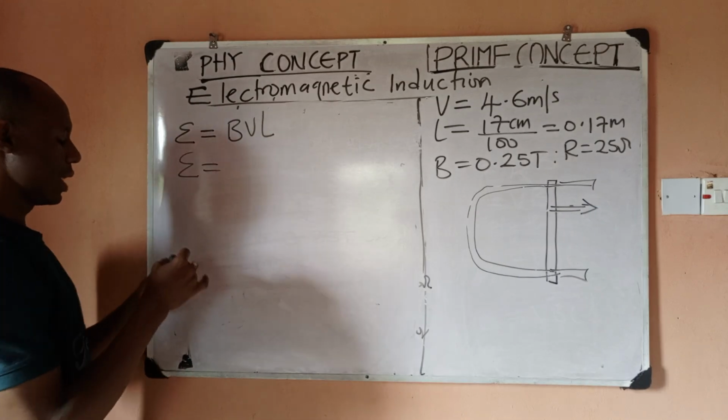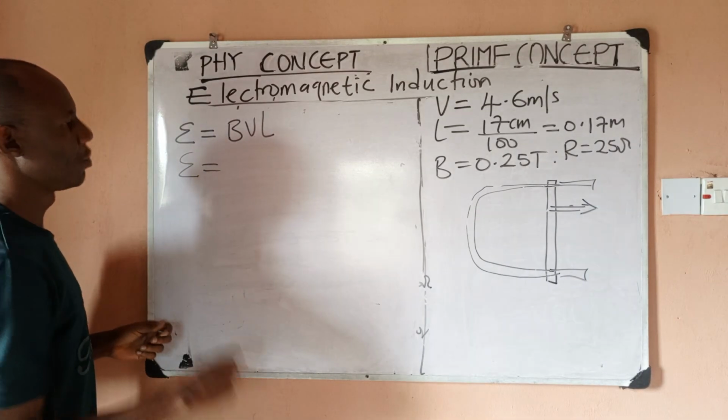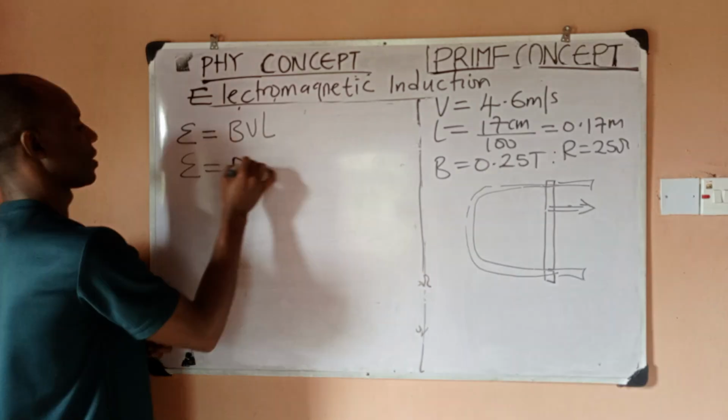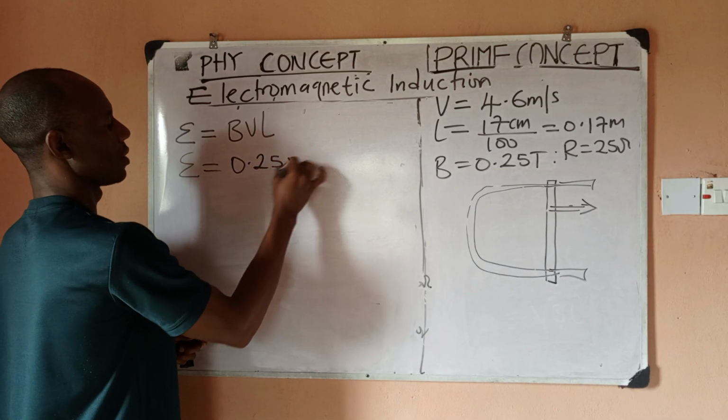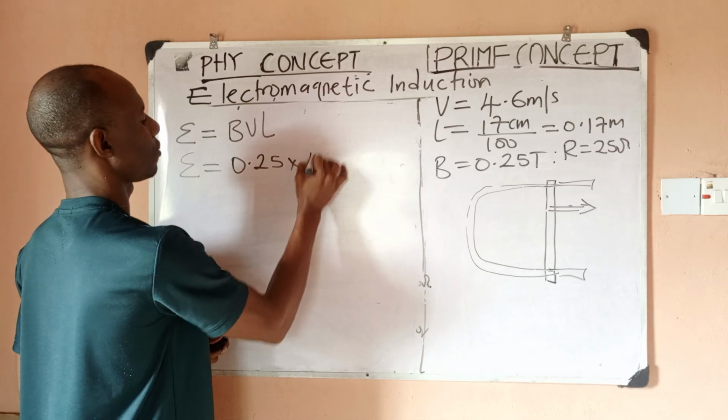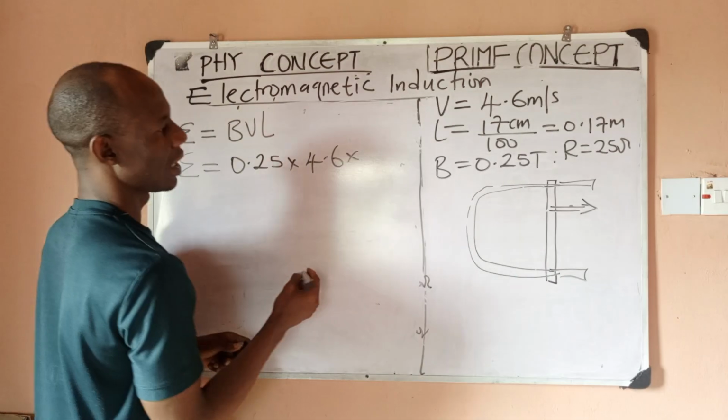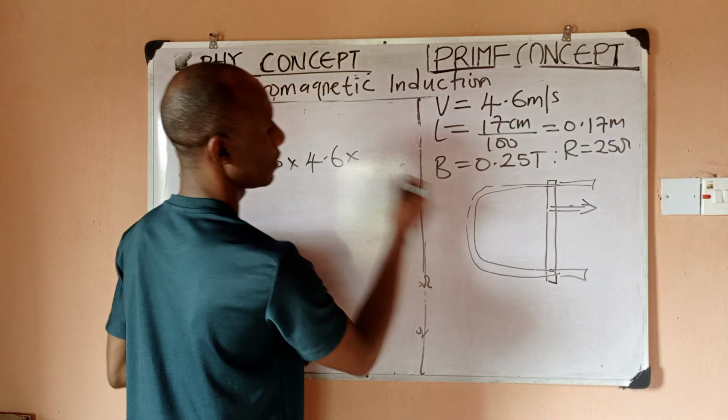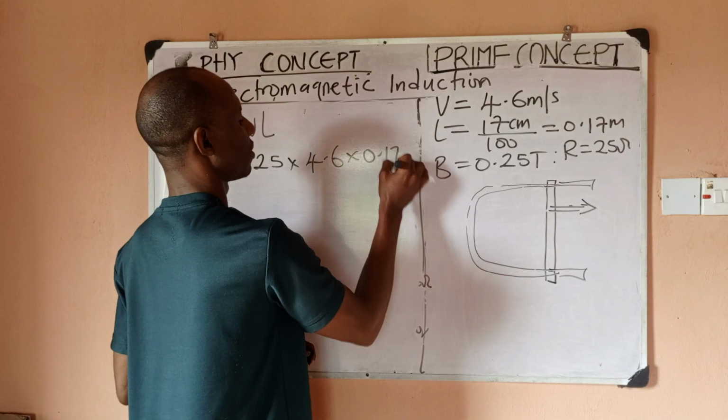So our EMF is B, which is 0.25, times the velocity, which is 4.6, times the length of this conductor, which is 0.17.